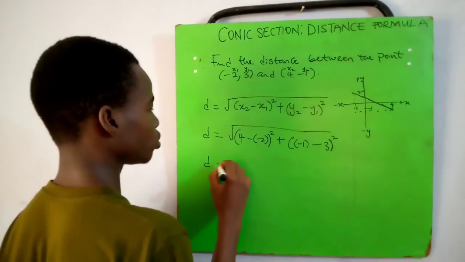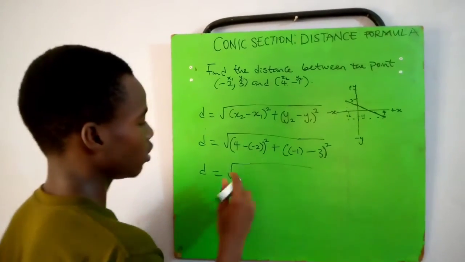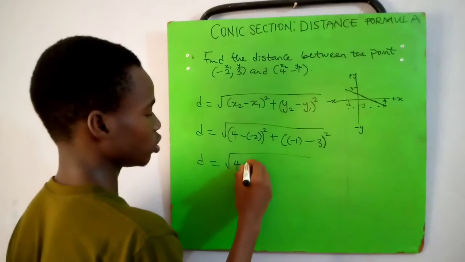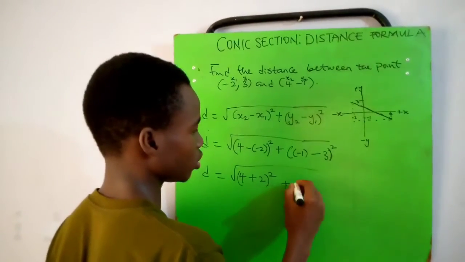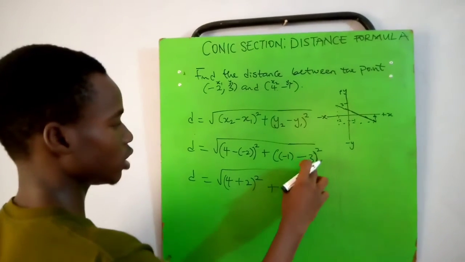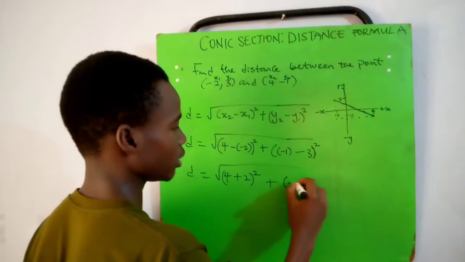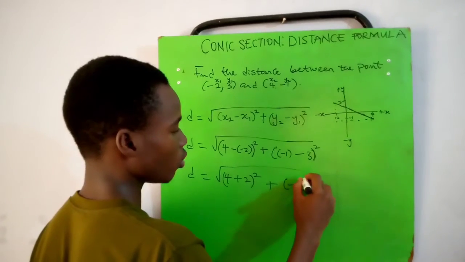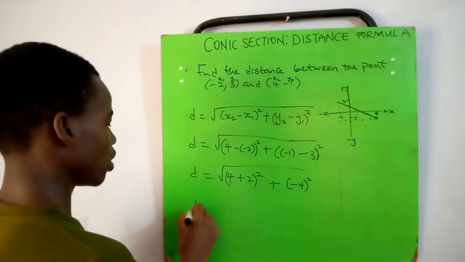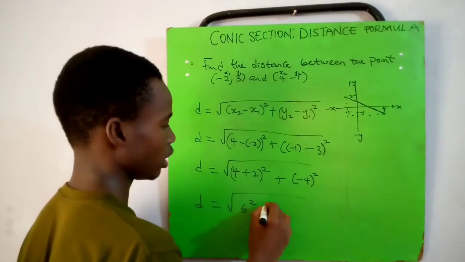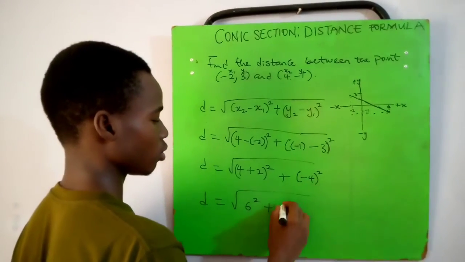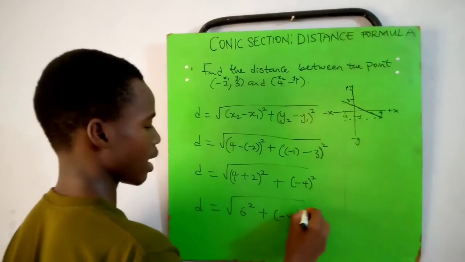So d will be equal to the square root of 4 minus times minus, what is that? Plus 2, all squared, plus -1 minus 3 gives us -4, all squared. So our d becomes the square root of 4 plus 2, which is 6 squared, plus -4 squared.